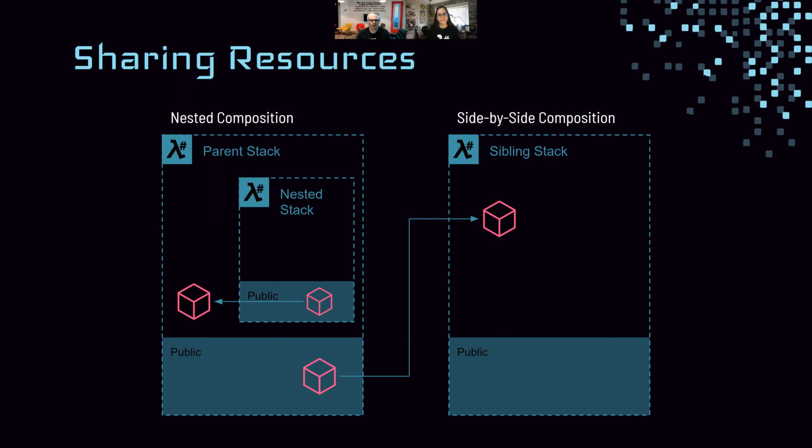Now you can update any part of this environment as needed. I should point out that you cannot update a nested stack without updating the parent stack. The only way you get to ship new functionality or a bug fix in a nested stack is by sending an update to the parent stack, and then the parent stack triggers an update on the nested stack.